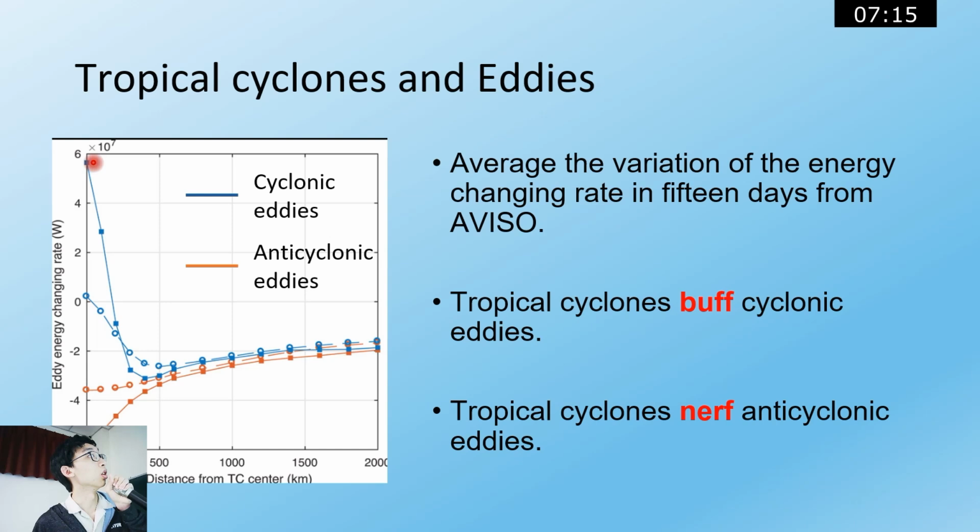Here is a large variation in the energy change. So we can think that the tropical cyclone can buff the cyclonic eddies, and it also will nerf the anticyclonic eddies.